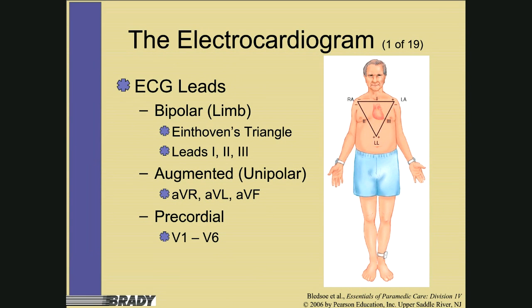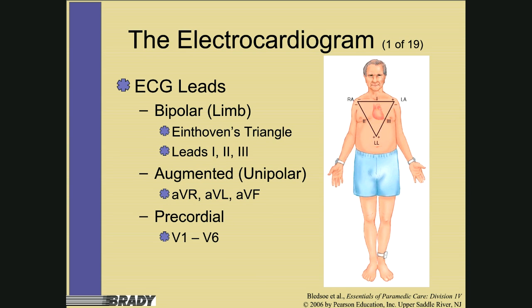If you look closely, you'll see RA, LA, and LL, which is left leg. RA is right arm, can be right shoulder as well. LA, left arm, can be left shoulder. LL, left leg, and sometimes you'll see RL, which is right leg.